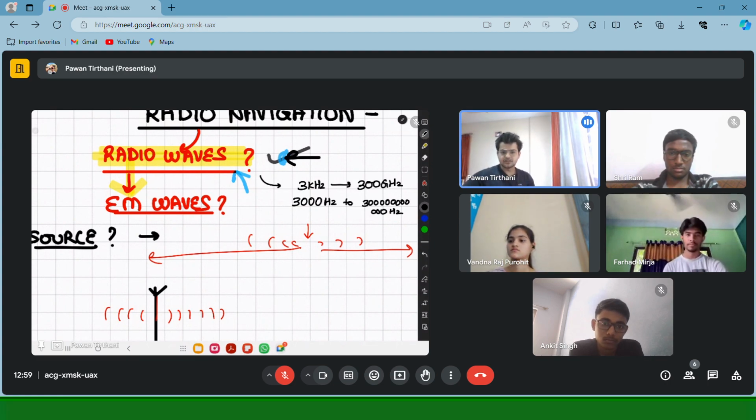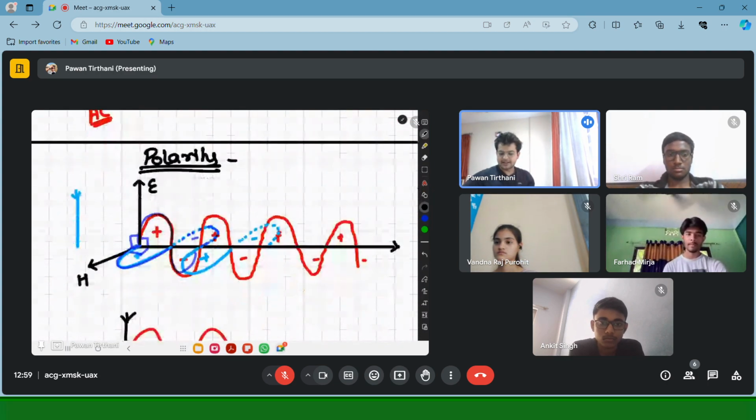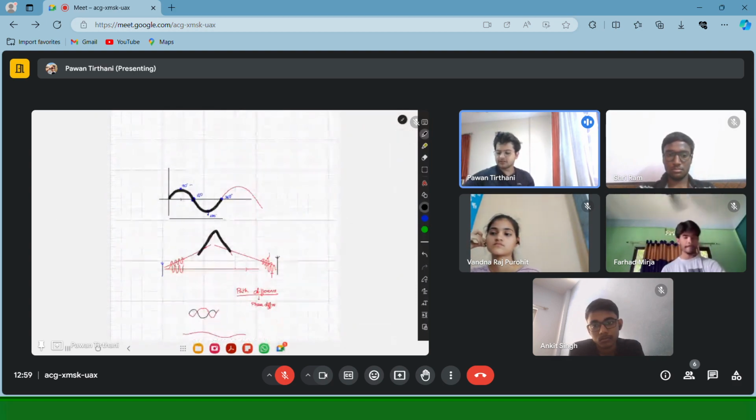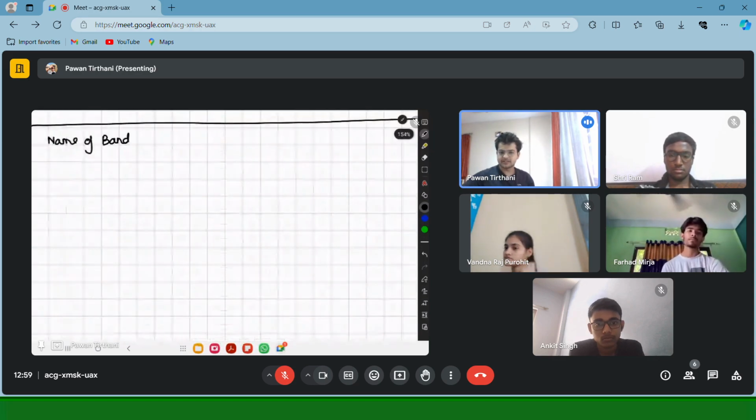So this very wide spectrum also will have bands. Let us talk about these bands. All of these scientists, radio navigation scientists, are not creative people.